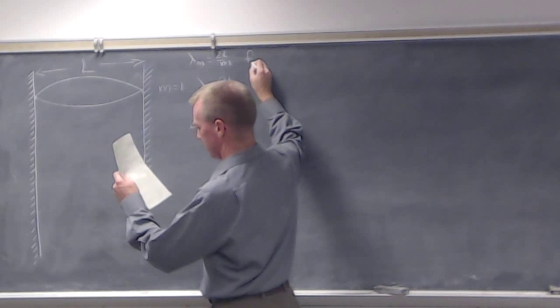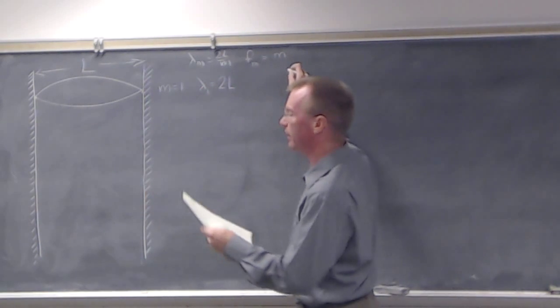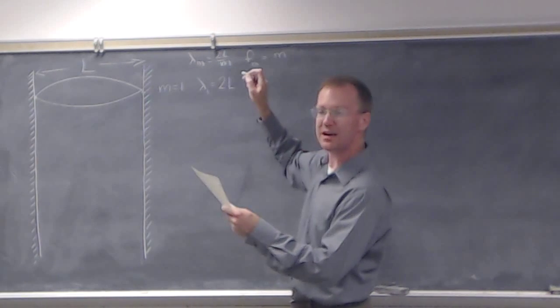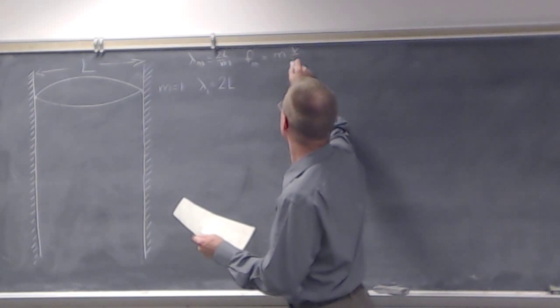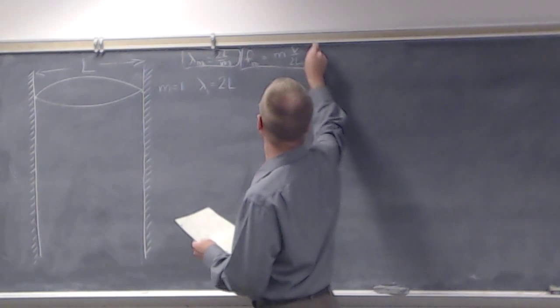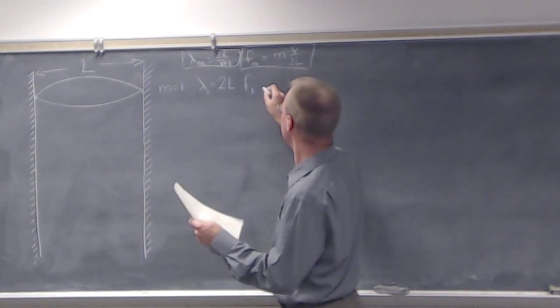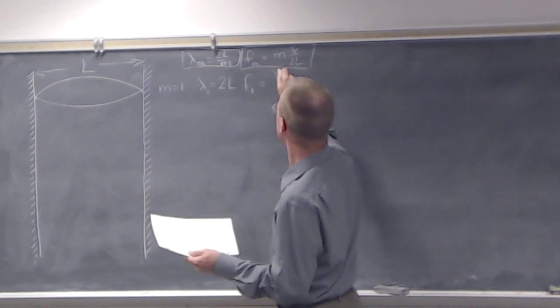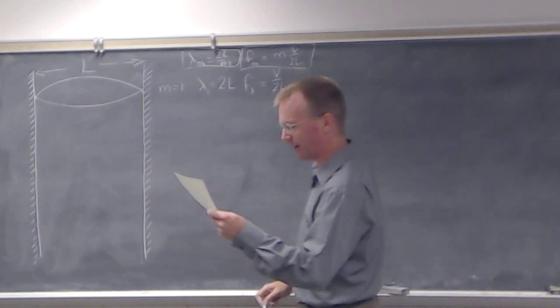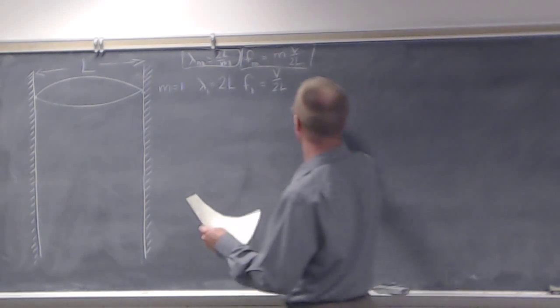The frequency equals m times V over 2L. I'll box those in. So, frequency number 1 is m equals 1, V over 2L. This is called the fundamental frequency.